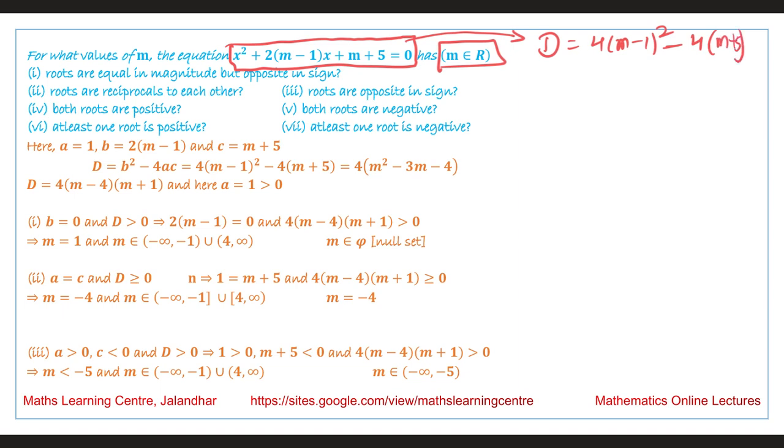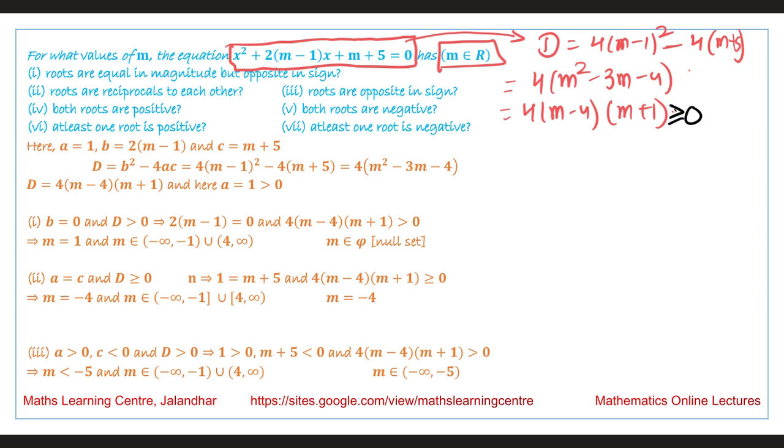When we solve this we obtain 4 times (m square minus 3m minus 4), which is equal to 4 times (m minus 4) into (m plus 1), and this value should be greater than or equal to 0.